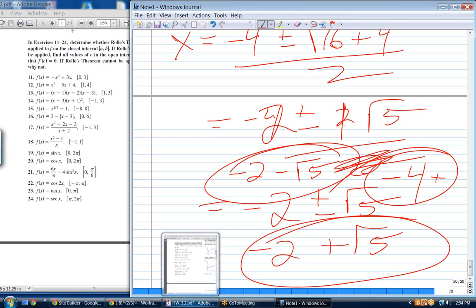Minus 2 plus root 5. That's the only solution they show. In fact, their answer is f prime of minus 2 plus root 5 equals 0.